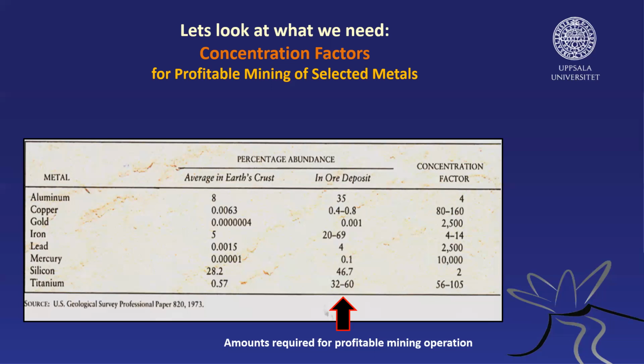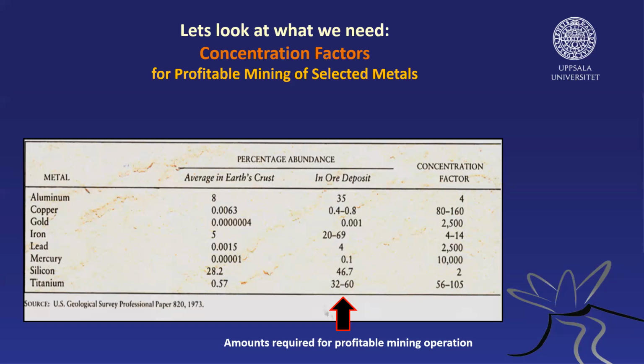And then you can calculate the concentration factor. So the numbers are a bit old, but if you look at aluminium, you have 8% in Earth's crust. For an interesting deposit, you need 35%. That means a concentration factor of 4. Then we can go to elements like titanium, 0.57% on average in Earth's crust.